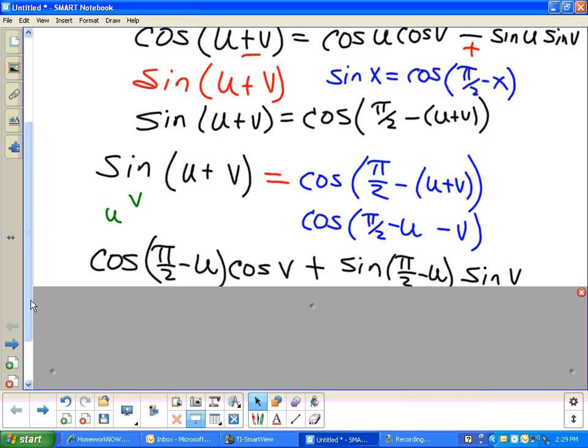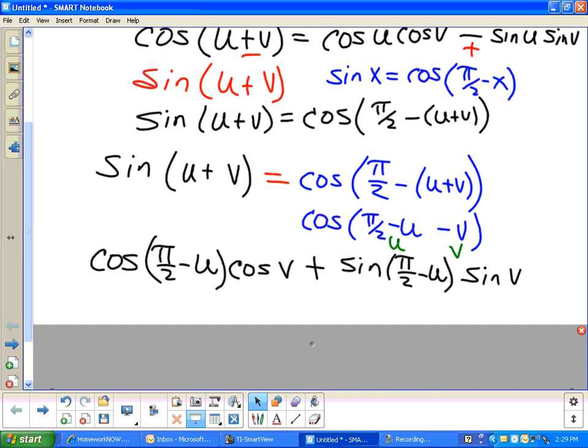And I'm going to call the first part here my u and my second part as the v when I go through the formula. And now I'm going to use the cosine formula on that, and we get cosine pi over 2 minus u times cosine v, first term, second term.